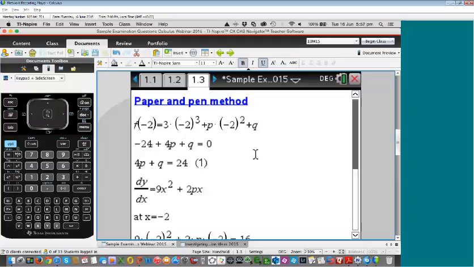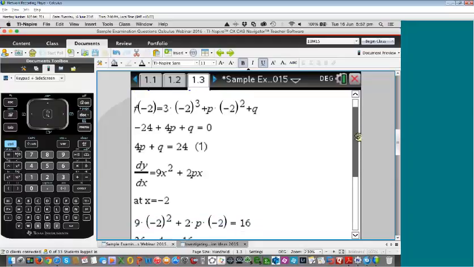I guess there's probably other ways of calling it, but normally we'd put -2 into the function, simplify it and come up with some kind of simultaneous equation, equation 1. That's using the knowledge of -2 being the x and 0 being the y, and then simplified to an equation.